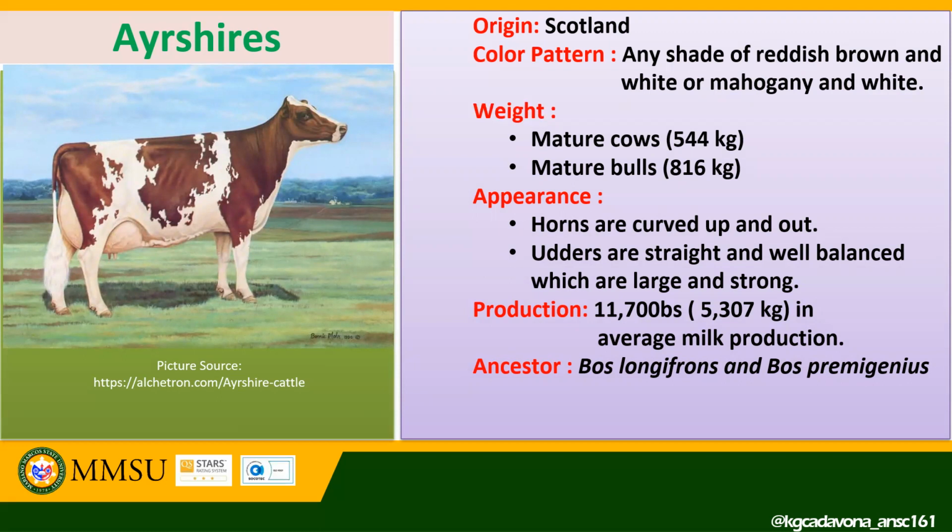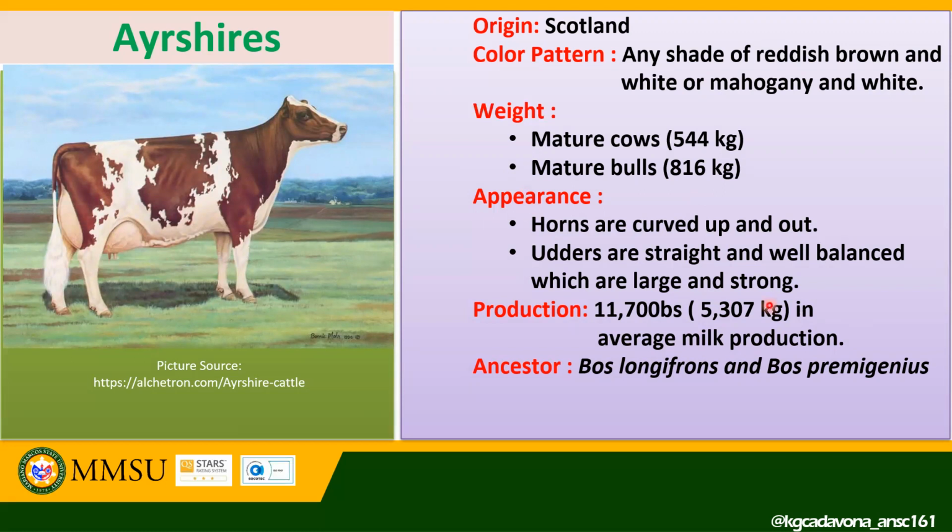grazers. The mature cows weigh around 544 kilograms and the bulls 816 kilograms. As for their horns, they curve up and out. Then the most unique thing about them is their udder, which has straight lines and is well balanced, relatively large and strong.